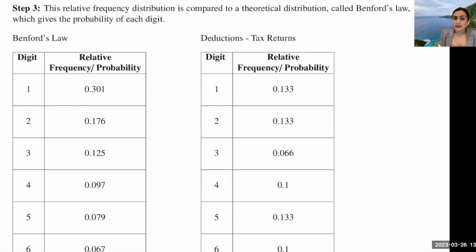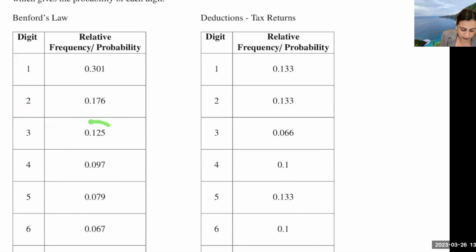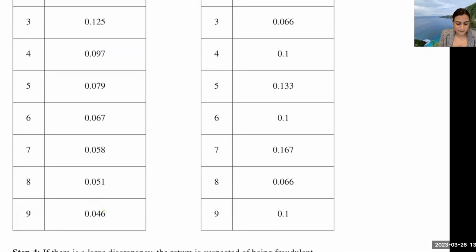17.6% of TikTok likes are going to start with the 2. And again, this could actually be 2 or 20 or 2,000 or 20,000. That's how many likes are going to start with the 2. Benford's law tells us that 12.5% of my data values start with a 3, and down to 9.